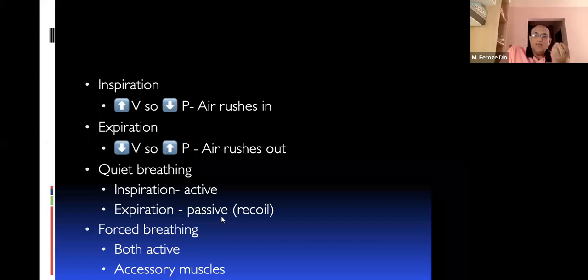You simply stop inspiring and the recoil will help the air come out. It's only in forced breathing, or when we're using breathing for other purposes, for example speaking, shouting or playing a musical instrument, that both inspiration and expiration would be active, as well as the accessory muscles which I mentioned earlier.